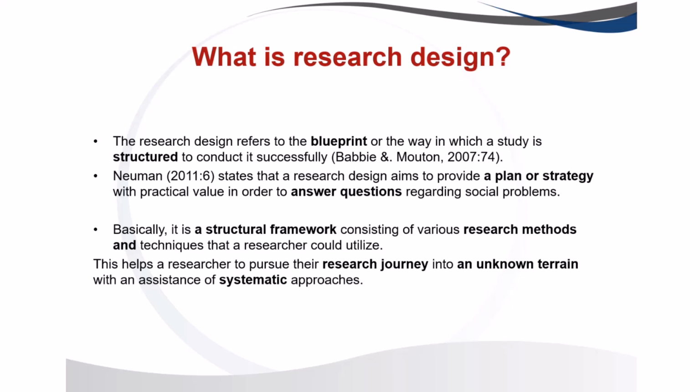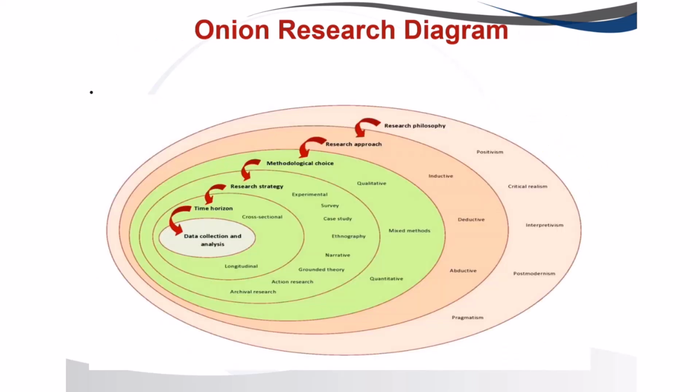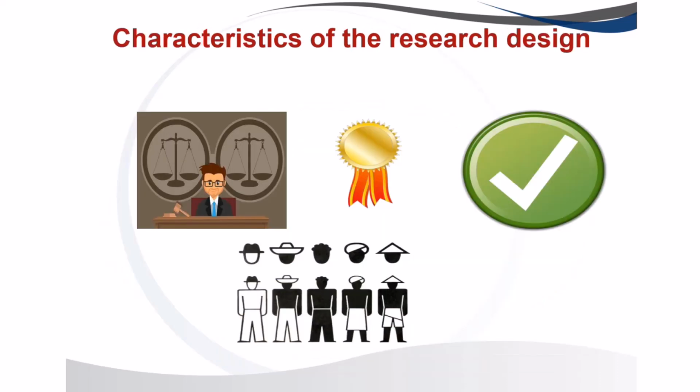Okay, basically, if you look at the research design, it is a strategy that you have developed to implement your plan. Now, in order for us to go further, there are different characteristics of the research design. I just want to look at them quickly. If you look at these characteristics, they tell you that you can approach your research design in various ways.